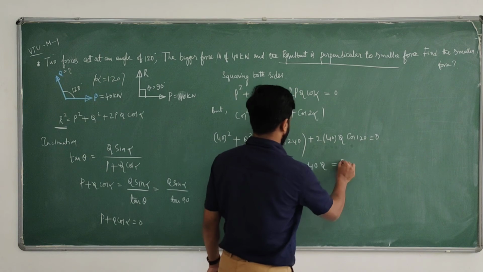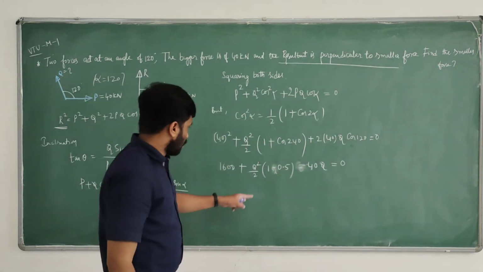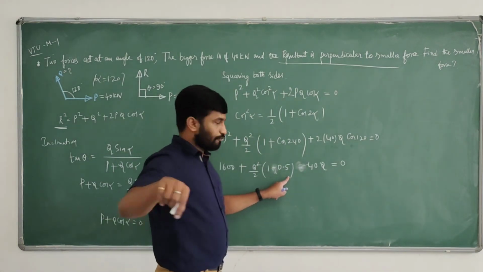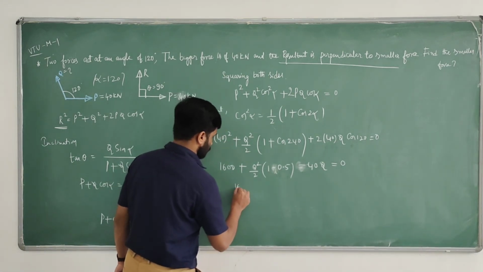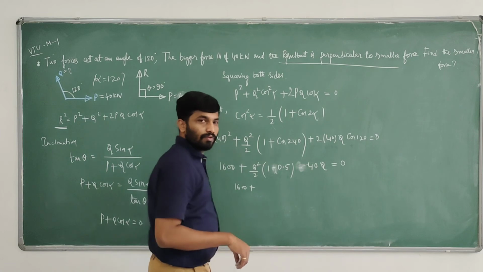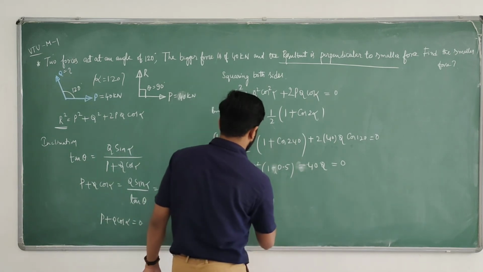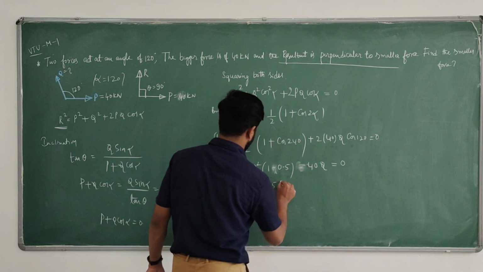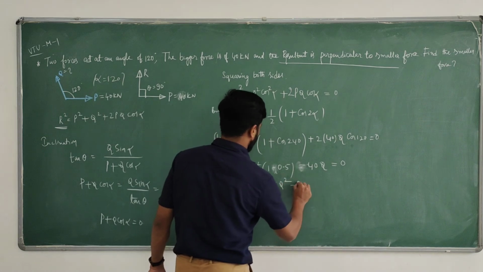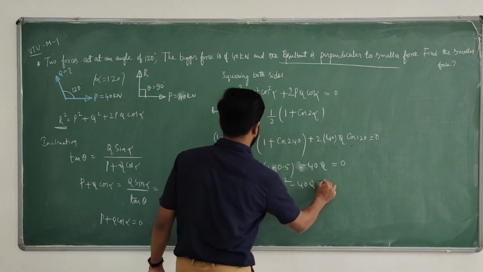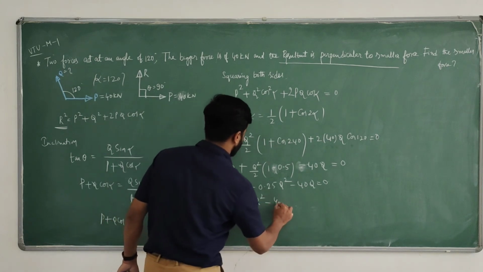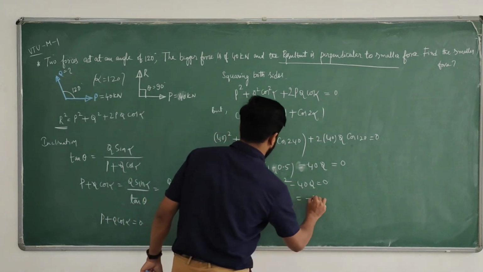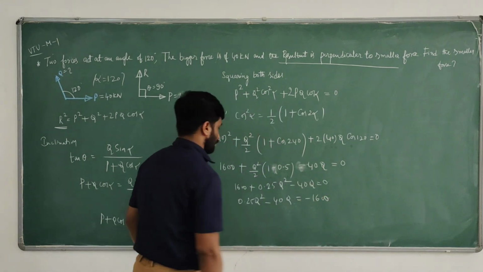Equals 0. Now, what is 0.5 by 2? It is 1 by 4, that is 0.25. So 0.25 Q square minus 40 Q equals minus 1600.